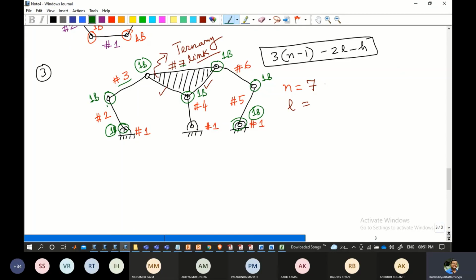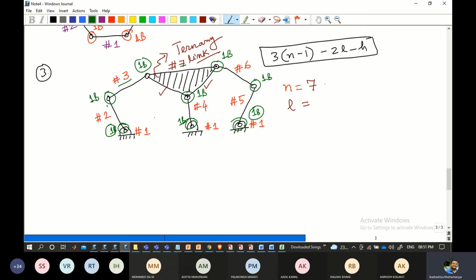The same structure is connected to 4 by this one binary link. Same structure with 6, one binary link. 6 and 5 is connected by a binary link. 5 and 1 is connected by another binary link. And even 4 and 1, so this should be another binary link here.